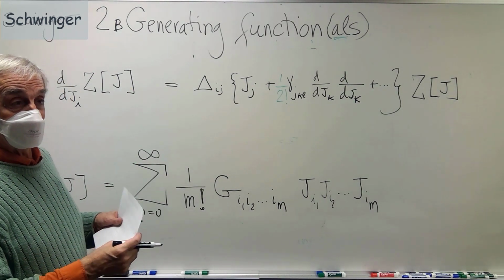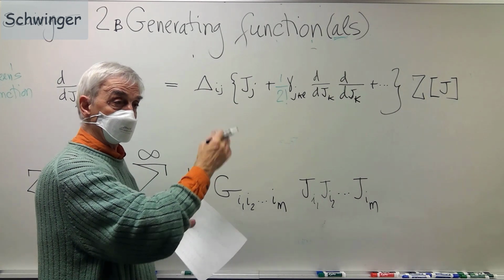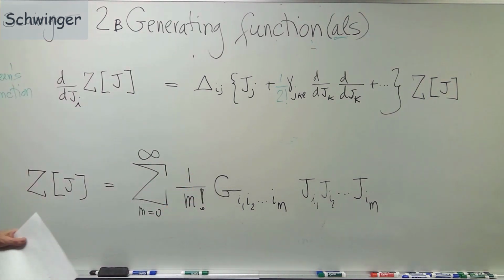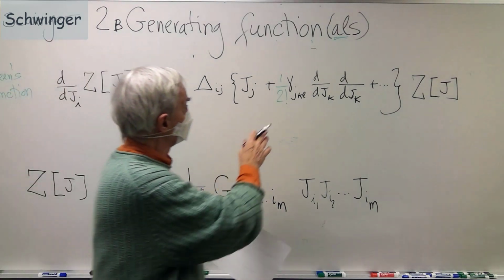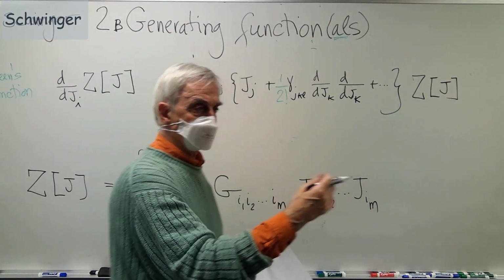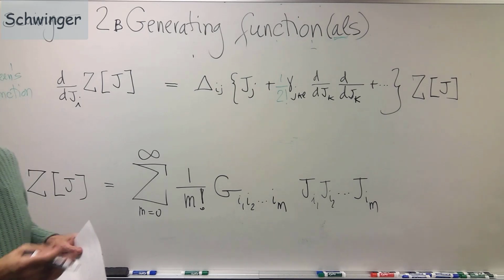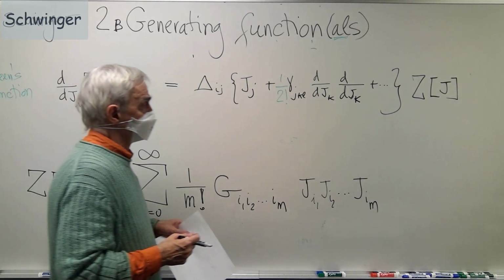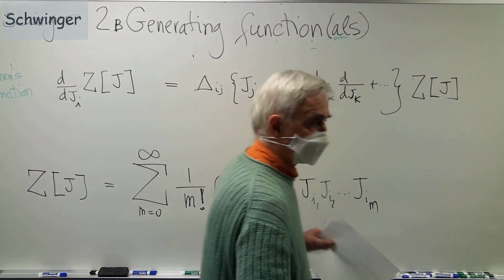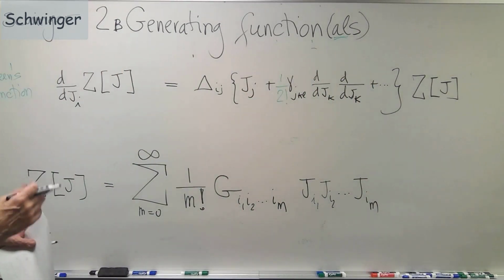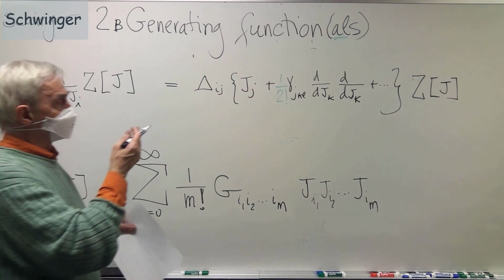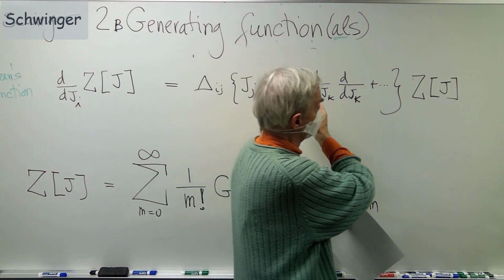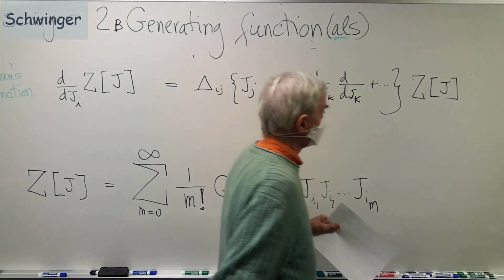And now, depending on how many of these interactions denoted by little gamma I have, there are more of such terms, and all of them simply act on the partition function or generating function. And that's now a Dyson-Schwinger equation, not drawn as pictures of pulling out a net from the sea, but as derivatives of a generating function.